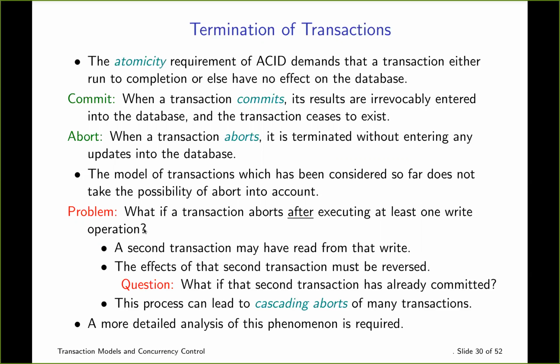And then they can do a whole bunch of stuff with it, and they can even commit. But meanwhile, I'm going along, and oops, I divide by 0, or I run into some kind of intractable state, and I have to abort. The problem is that I had written out X, and I had released the lock on X, and somebody else got that lock, and they read X. And God only knows what they did based on what I wrote to X. So what I've done is what's called a dirty write.